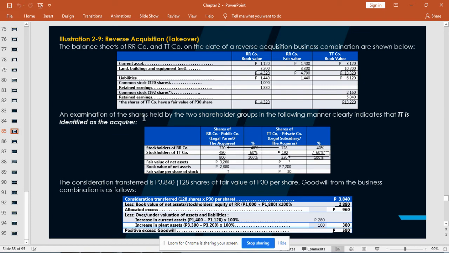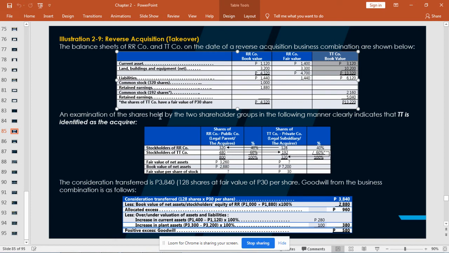So, ito yung total book value ni RR Company. Then, we have the fair value. Then, Double T Company. So, an examination of the shares held by two shareholder groups in the following manner clearly indicates that Double T is identified as the acquirer.